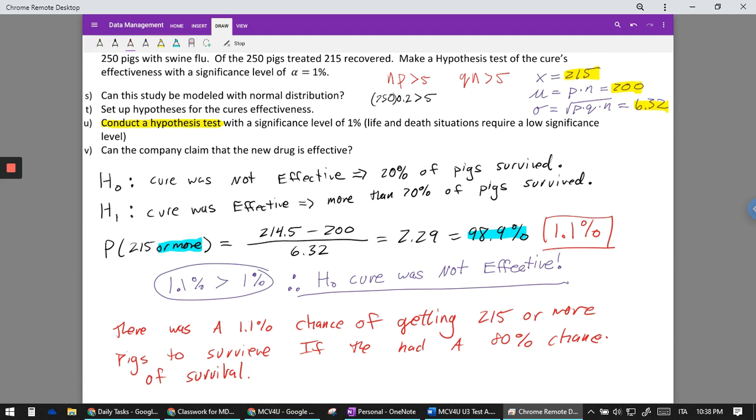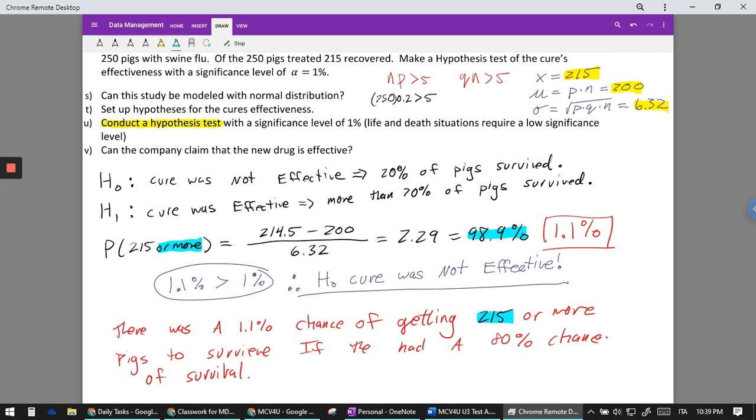But we did choose an alpha of 1%. What does that end up meaning? Basically, what that means is we're saying to ourselves that there was a reasonably high chance that we would have gotten this number of pigs to survive, 215, even if they all had an 80% chance of survival.